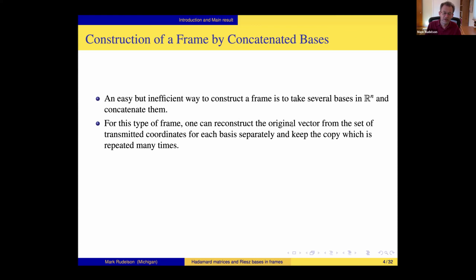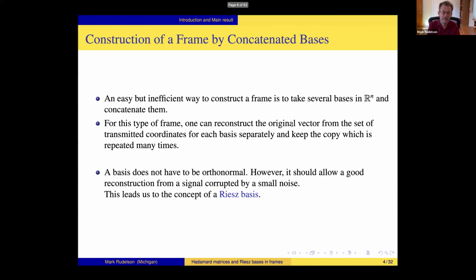We compare the copies of the coordinates, and when we find many of the same copies, we declare it the real coordinates of the vector. So we are protected this way against the loss. But this is not efficient.